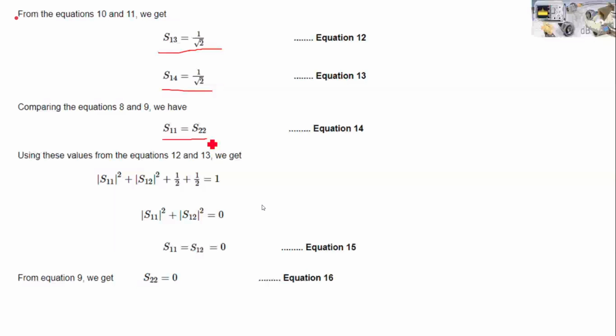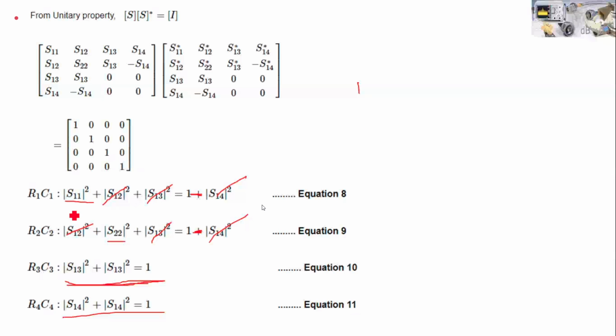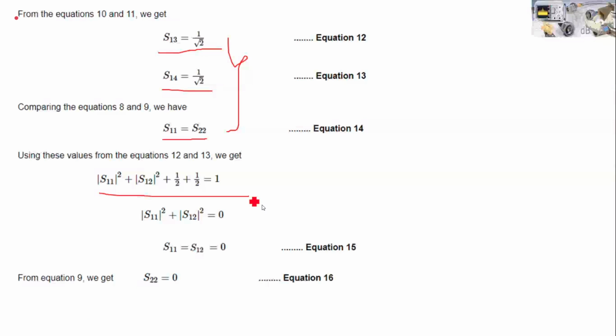Now put all these values you have found into any of the previous equations, that is mod of S11 squared plus S12 squared plus S13 squared plus S14 squared is equal to 1. Same as they have done here: S11 squared plus S12 squared plus 1 by 2 plus 1 by 2.